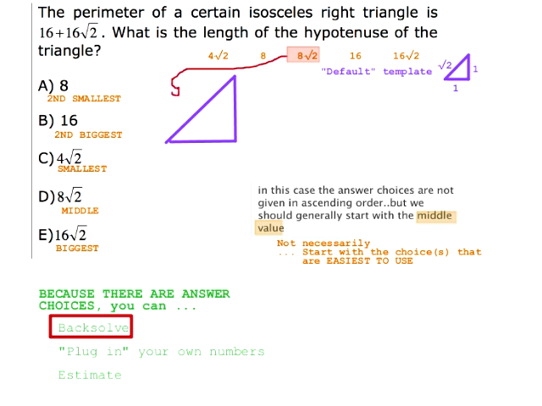So if we throw that in there, that's going to be 8 square root of 2, which means the sides are 8 and 8. And so the perimeter is 16 plus 8 rad 2. That's too small. So notice that all of these things and the smaller ones are eliminated too.